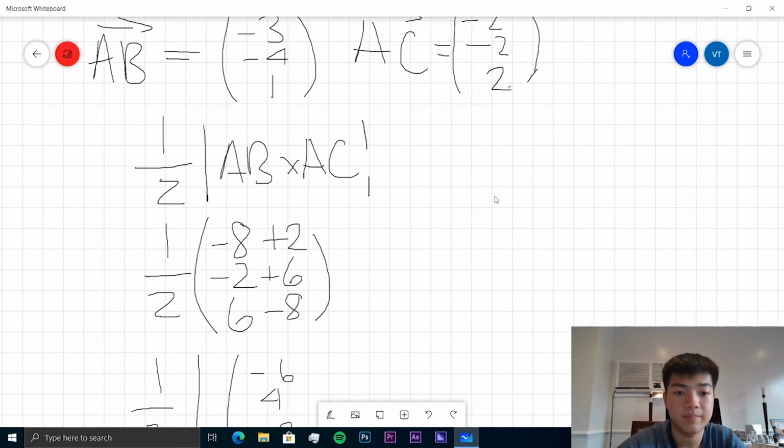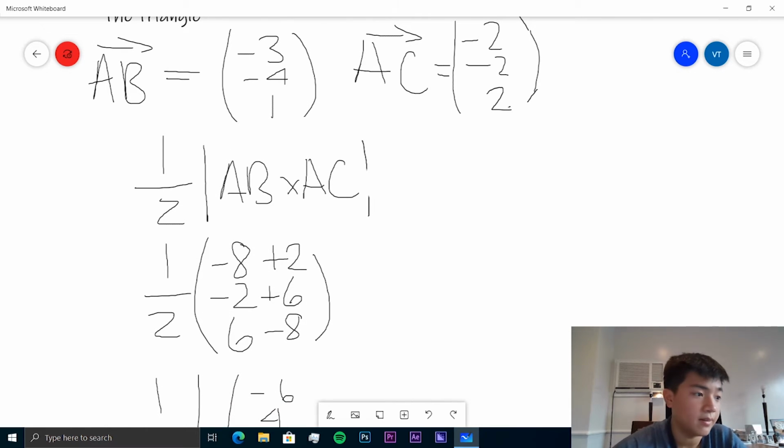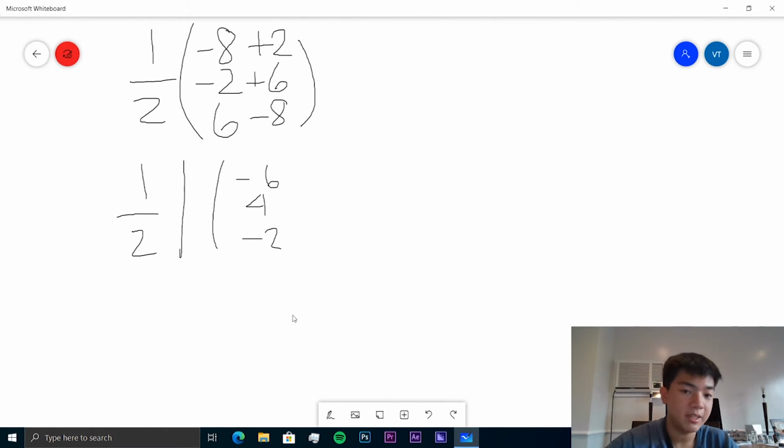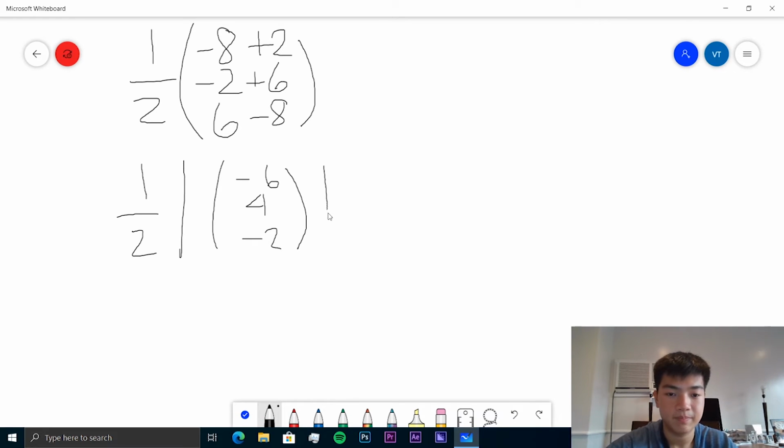Okay, that's okay. So the book's made an error. The book's made an error. Okay, so this answer should be correct because the book forgot to multiply correctly.